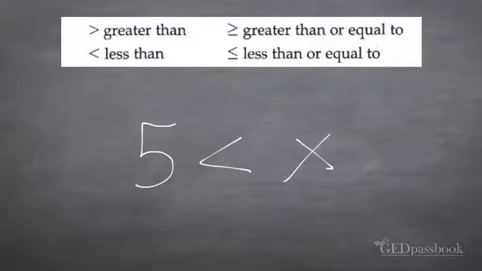This is less than just because of the way you say it, right? 5 is less than x, which means what? Throw a number. What could x possibly be? 4?